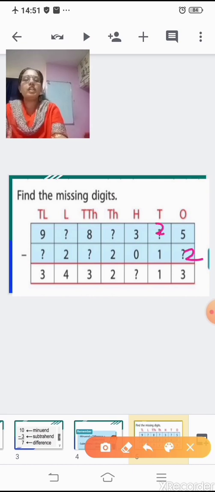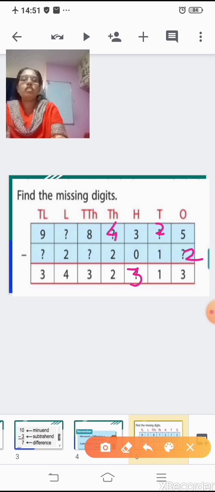Now coming to the hundreds place, it is a direct subtraction sum, 3 minus 0, so your answer will be 3. In the thousands place, again you have to find the minuend. So minuend is subtrahend plus difference, so 2 plus 2 will give you 4.